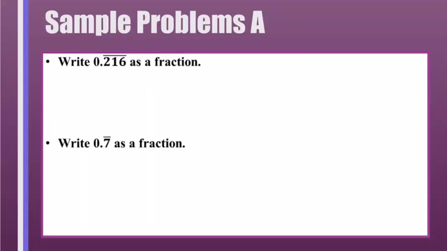So let's take a look at an example. Here, we're going to have x equaling 0.216 repeated. And what we want to do is multiply this whole thing. Because there are 3 digits being repeated, I want to multiply it by 1,000.